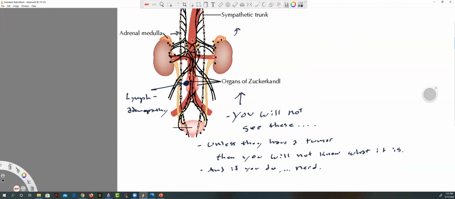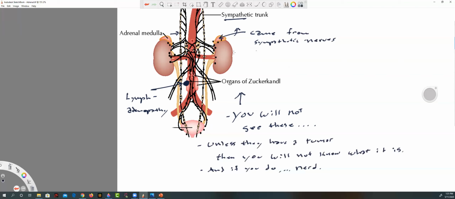But remember, this medullary tissue, this came from sympathetic nerves.